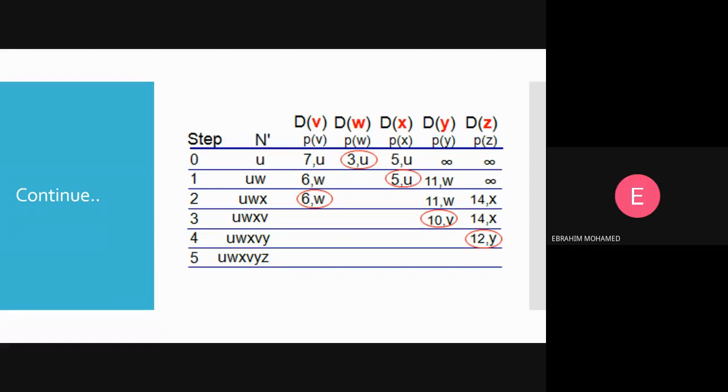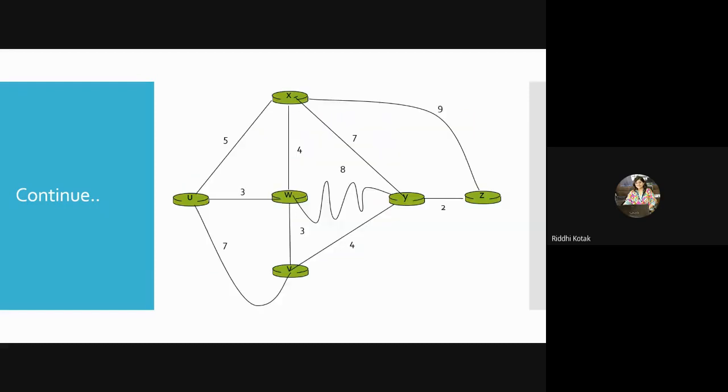Yes, infinity is correct in the table. Our current node is W, and Z is not directly connected with W. There is a path, but not a direct link. So at that time you have to put infinity. Clear. Thank you, ma'am.